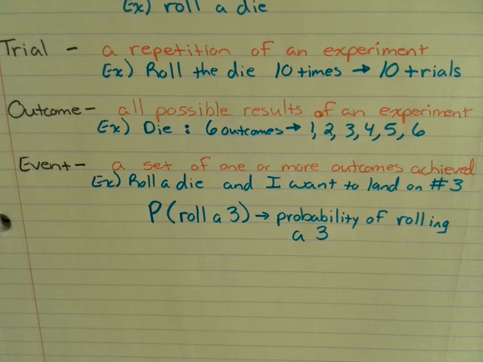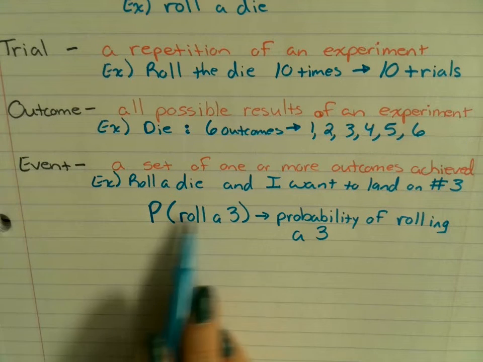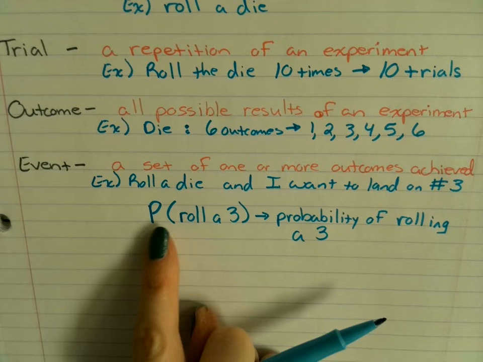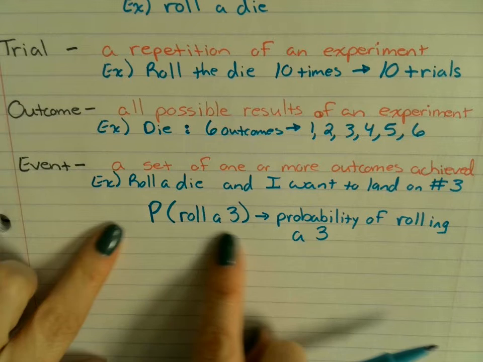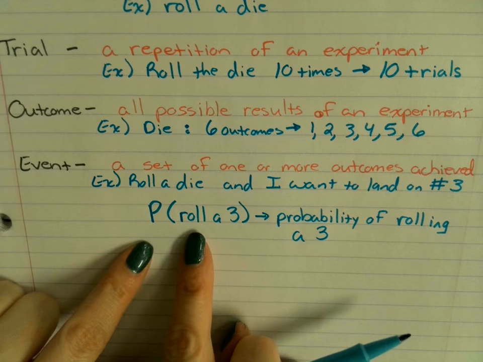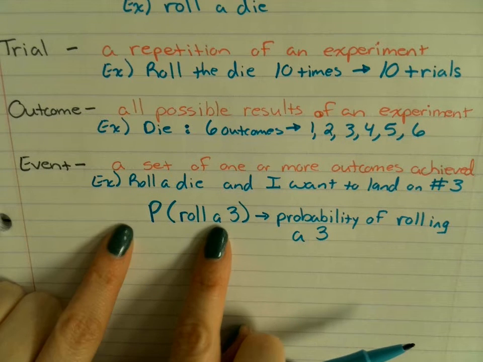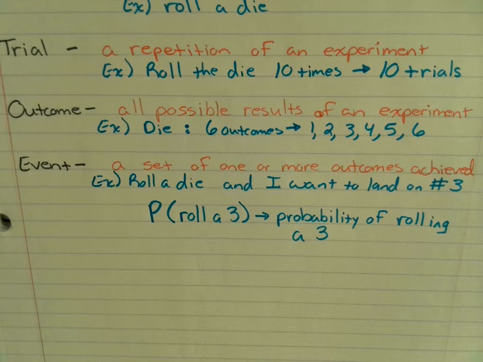That's just the shorthand way of writing it. So get used to seeing this, because this is what you're going to see often on your assignments, quizzes, and tests. P stands for probability. Parentheses go around the specific event that you want.